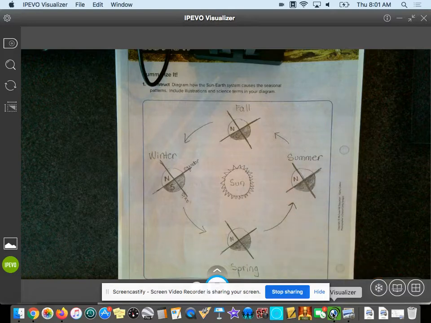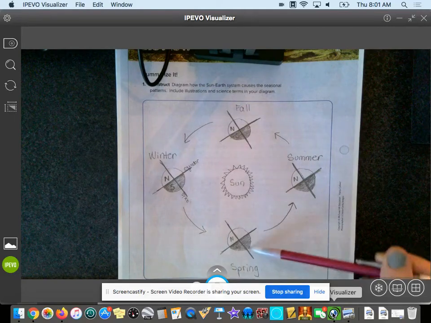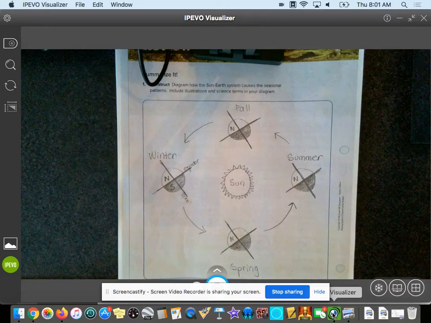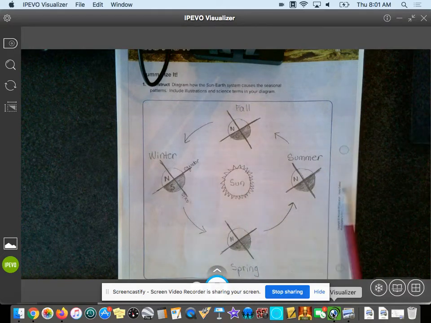When you draw Earth's revolution around the sun, you can't visually tell what's going on with the equinox, but you can visually see winter and summer.